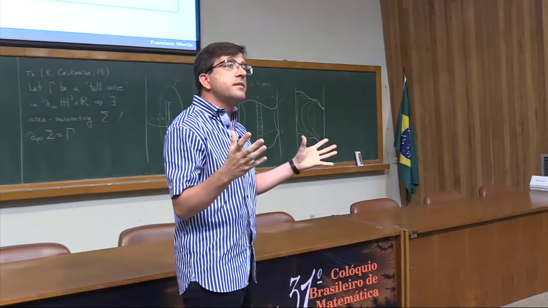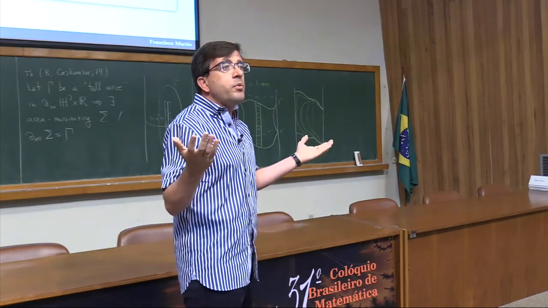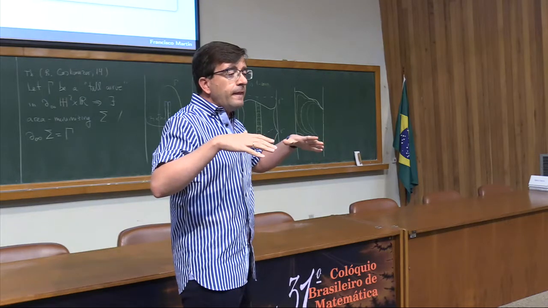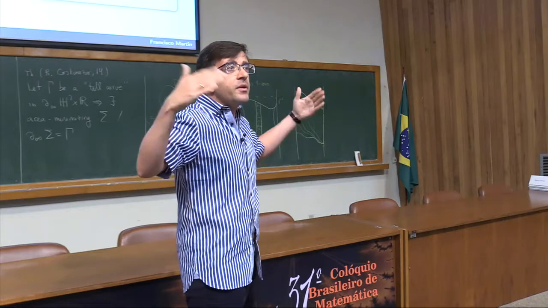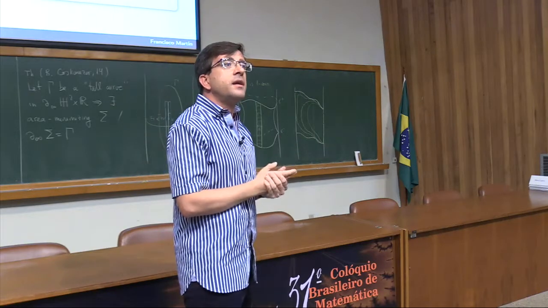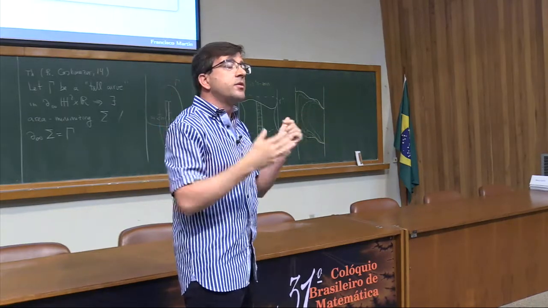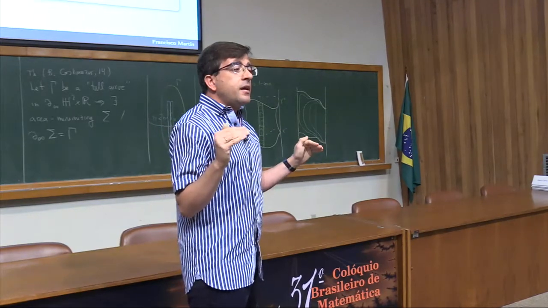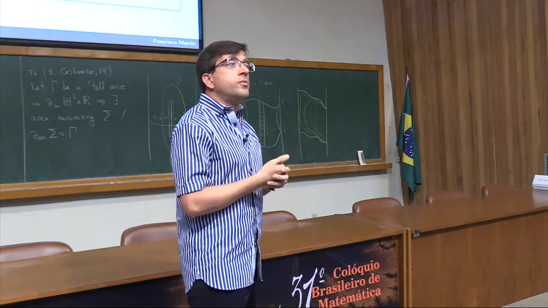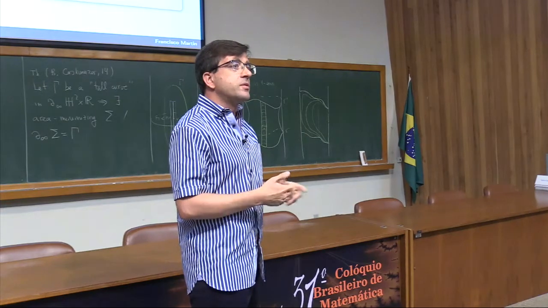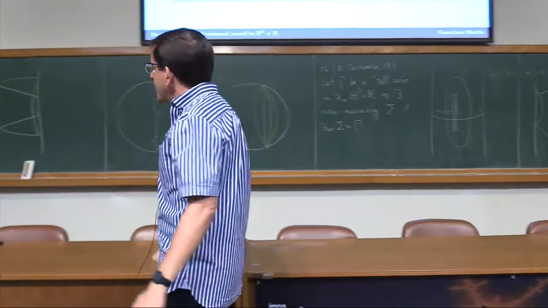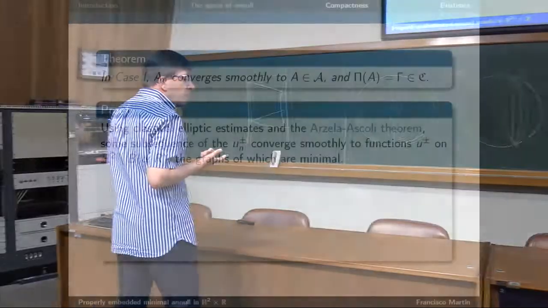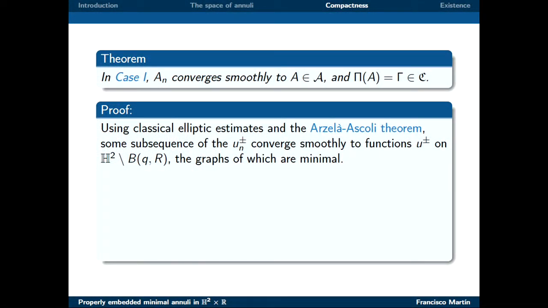So using Ascoli-Arzela, what you can prove is that outside this cylinder you have convergence, because everything is smooth and the geometry is bounded. So outside the cylinder, you have convergence to minimal graphs, because limits of minimal graphs are again minimal graphs. So if something wrong happens, it must happen inside the cylinder.